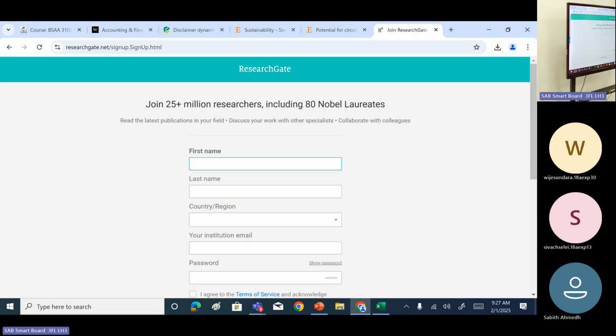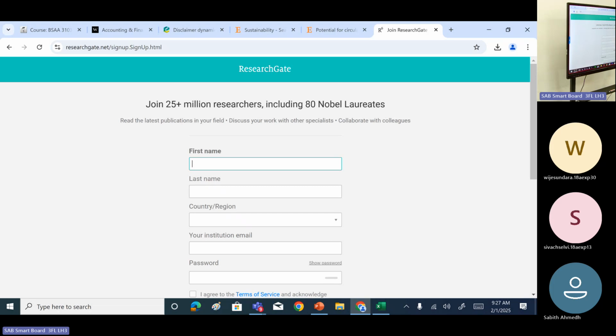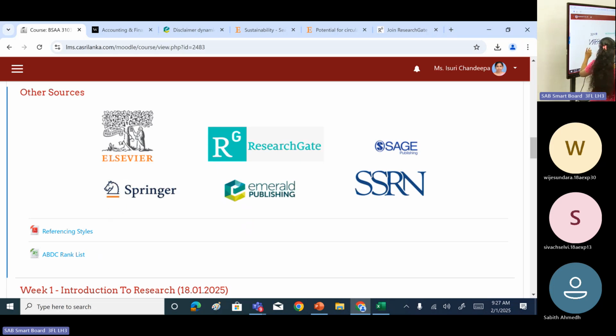I'm using my finger. Okay. Anyway, you can try ResearchGate also. Doing research, in the sense, try to open accounts in ResearchGate and other platforms, so that those are practical things.